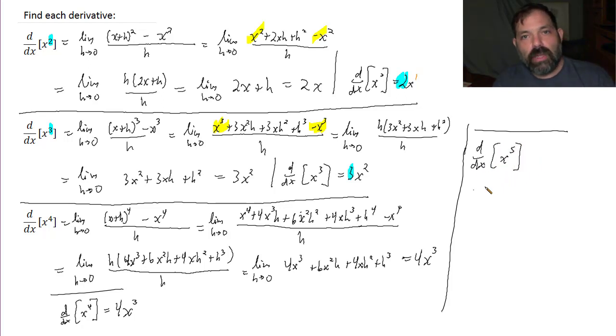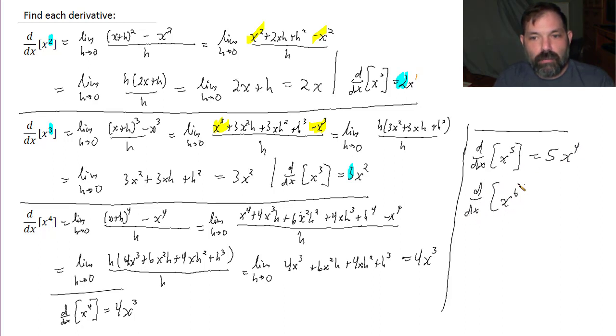Well, we're not going to go through it, but hopefully you see the pattern: whatever was in the exponent becomes the coefficient, and then we decrease the exponent by 1. 5x to the fourth. D by dx of x to the sixth. 6x to the fifth.